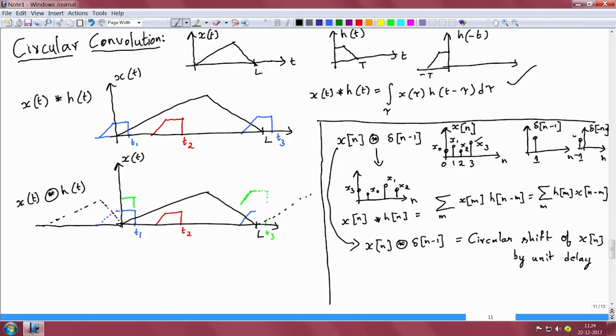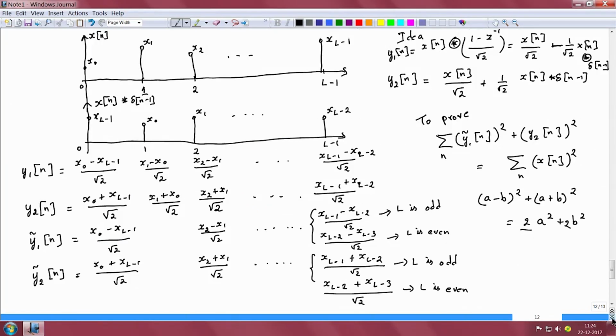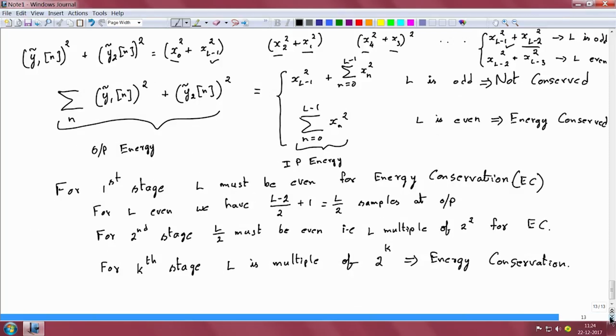So, circular convolution is usually done for finite duration signals, where the delay here is a circular delay, not the linear shift. And we use this circular convolution to analyze the energy conservation principle for the particular structure that was given. We see that only when the length of the signal satisfies certain properties does energy conservation hold true.